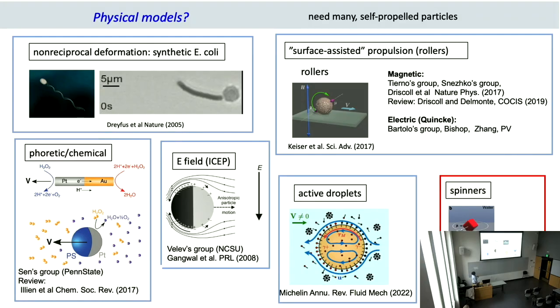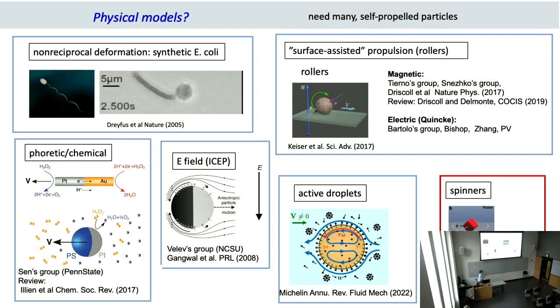This is a very funny field because there is a lot of theory and a lot of models, but relatively few experimental systems. Some of those are given here. One of the original active particles was a direct mimic of a bacterium. They attached a flexible magnetic polymer filament to a bead, and with a rotating field, they created a non-reciprocal, corkscrew motion, so that it propels very slowly, but still moves.